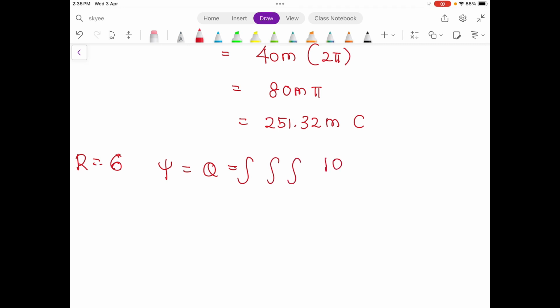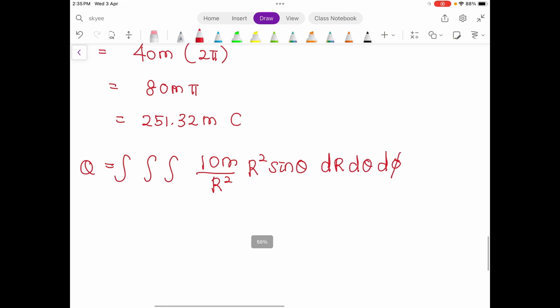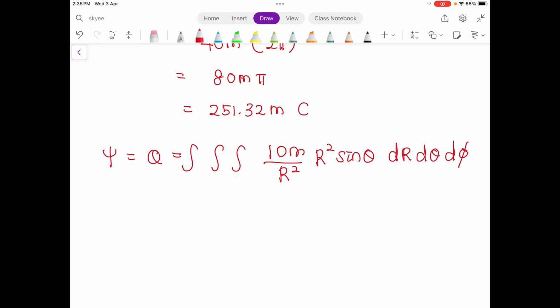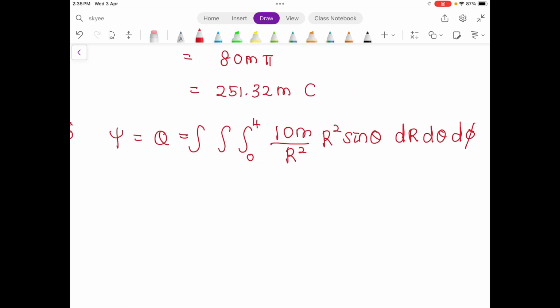Rho V is 10 milli over R square, and you have R square sine theta dr d theta d phi. Putting the interval, it will be from 0 to 4, even though you want to find the flux at 6. But because rho V only extends until 4, you can just put the 4.